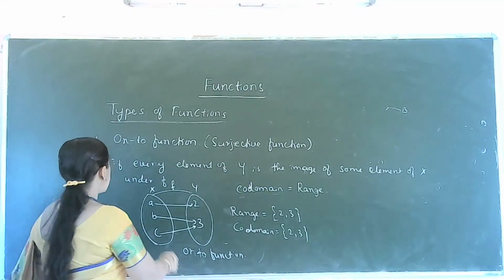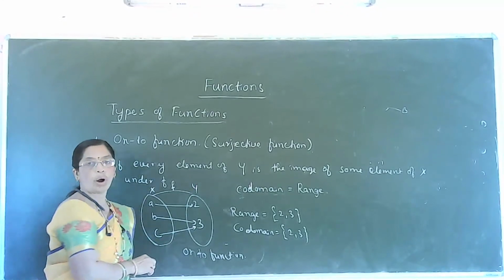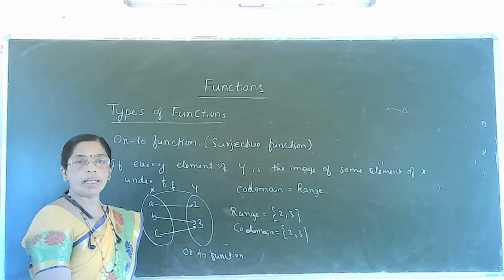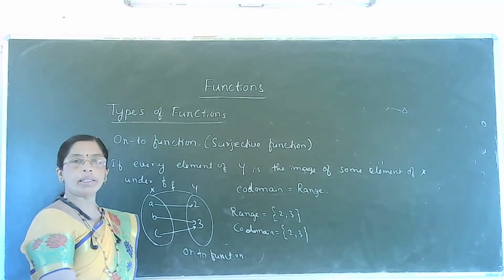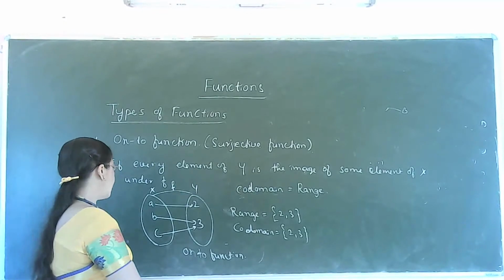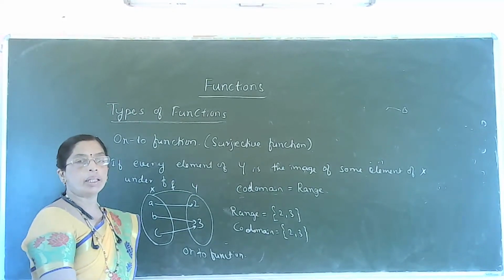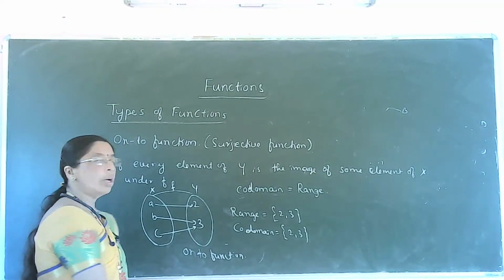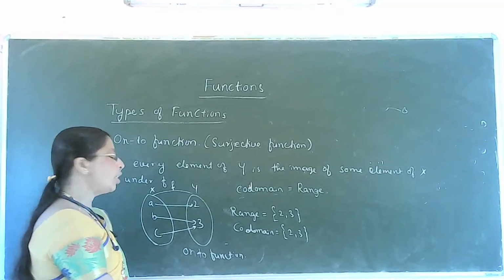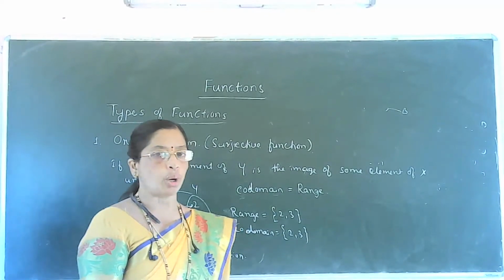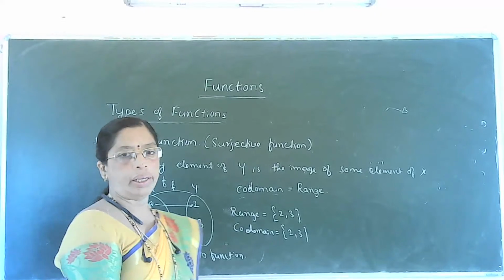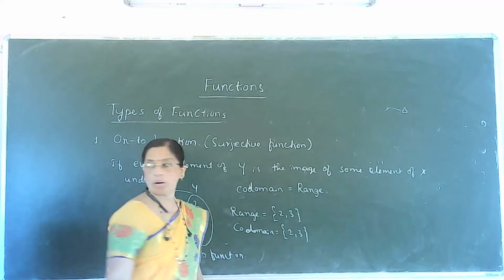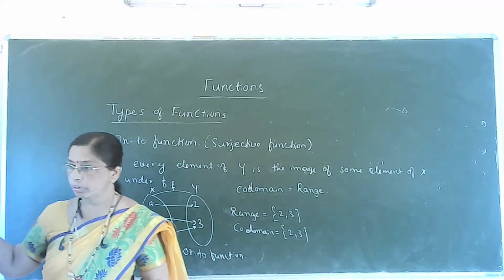Here separate images are not there: B has the image 3 and C also has the image 3, so B and C have the same image. Therefore, it is not one-one. But the elements of the codomain are images of the elements of the domain. Therefore, it's onto.